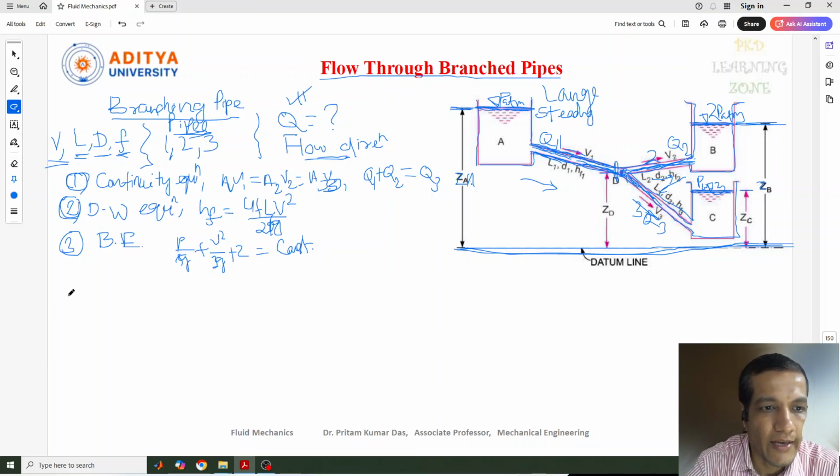So let the flow be from A to D. The Bernoulli's equation will be applied from reservoir 1, from A to D point.